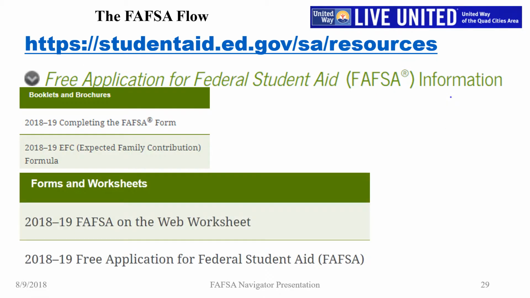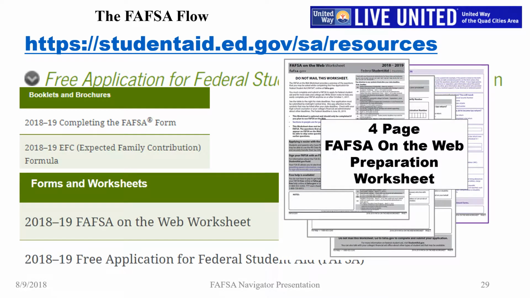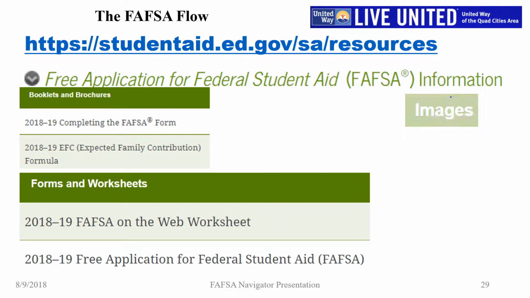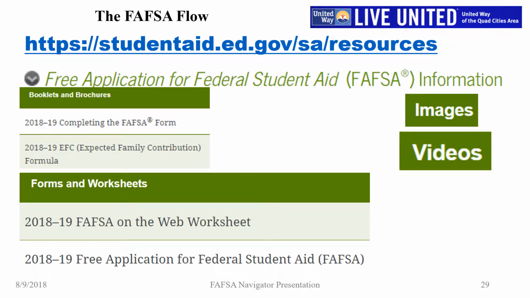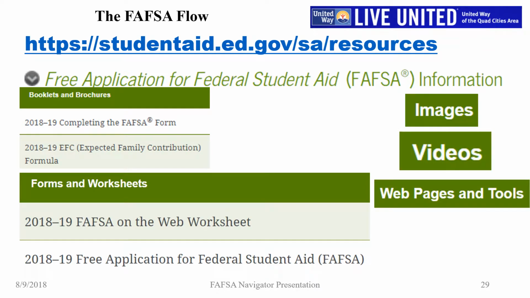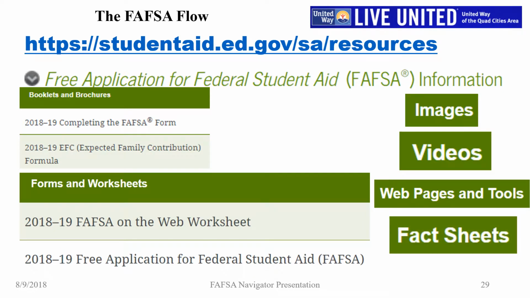You may download FAFSA on the web preparation worksheets and PDF files to make paper copies of the FAFSA form itself. In the resource list, you'll also find images of checklists, posters, and handouts, videos, web pages and tools, plus fact sheets.